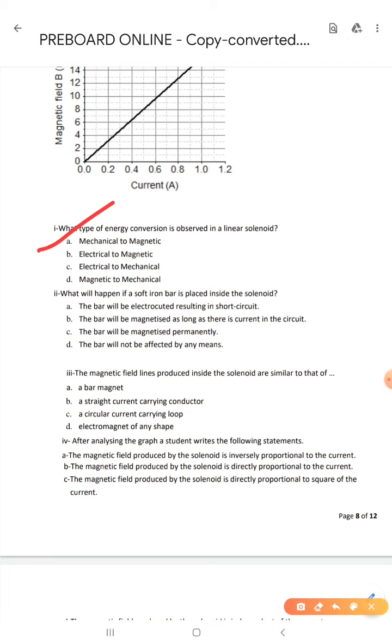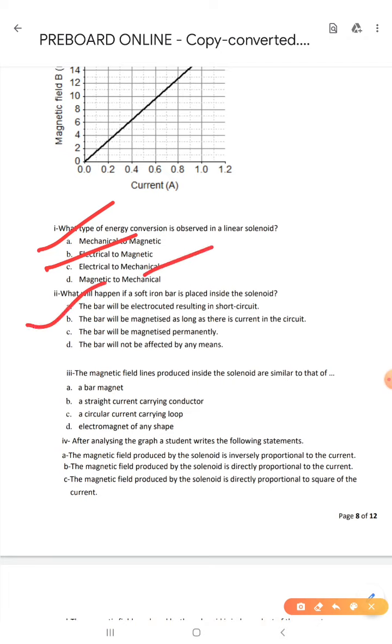When we apply electricity to any substance or solenoid, the particles of that object, suppose it is iron, move. At first it converts into mechanical energy, then it converts into magnetic energy. So the answer would be electrical to magnetic, and electrical to mechanical, you can write it.